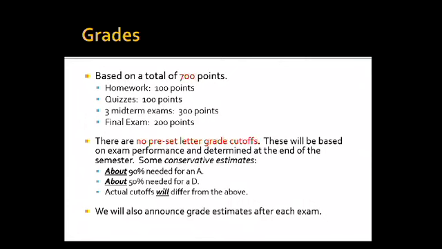But the actual cutoffs for A, B, C, D will differ from semester to semester. After every exam, I'll give you an estimate of up to that point what an A would be, what a B would be, what a C would be, and so on. And anytime during the semester, if you want to know where you stand, let me know or let your recitation TA know.